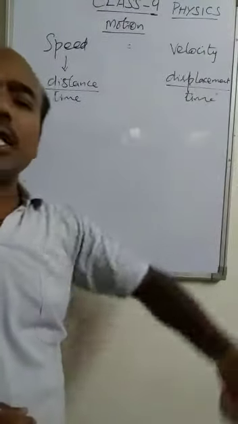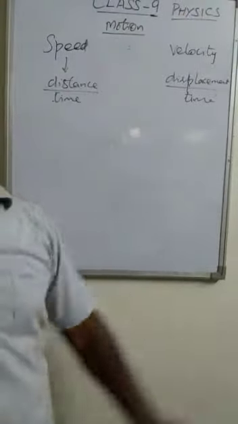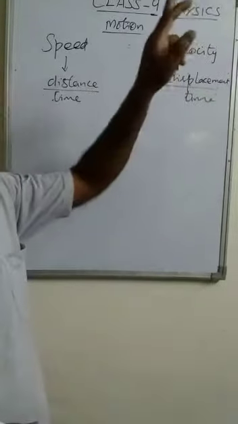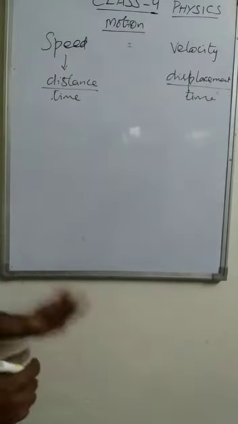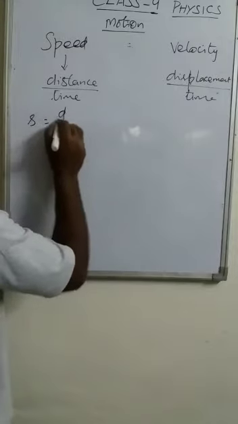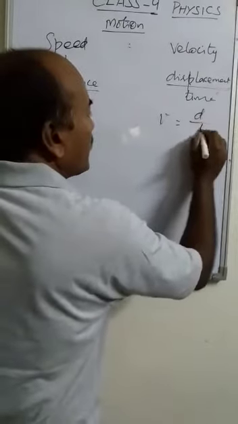So, in velocity also, the direction of motion is considered. While we measure the velocity, the direction in which an object is moving is to be considered. So, these two are the formulas. Symbolically, speed is equal to distance upon time. Velocity is equal to displacement upon time.